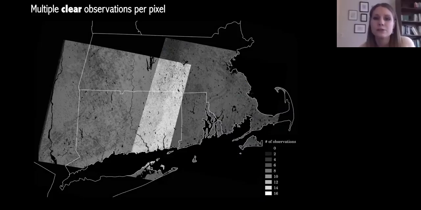So for these two scenes that we did our pilot study on, in the scenes to the right and the left, we get about 6 to 8 observations of condition, where in that overlap zone, that brighter white area, we can have upwards of 16 assessments of condition.